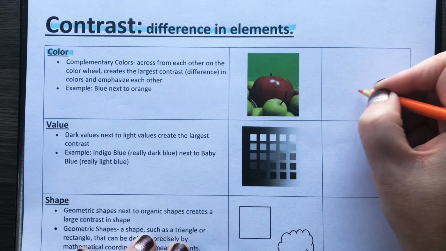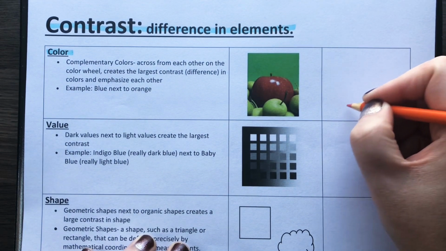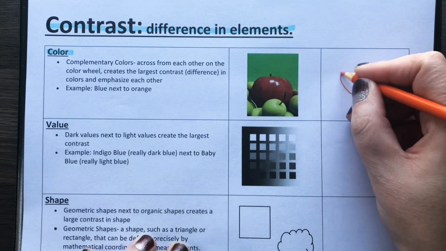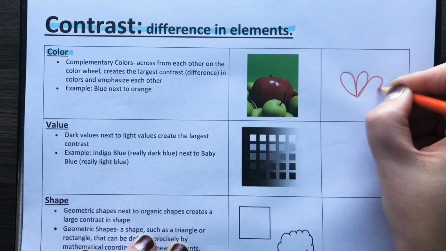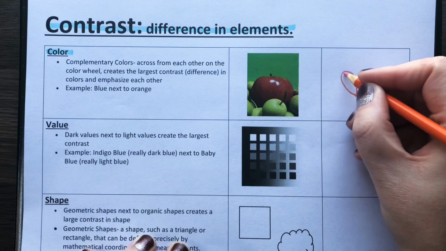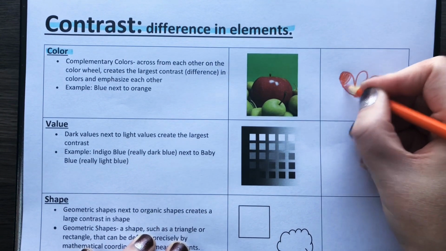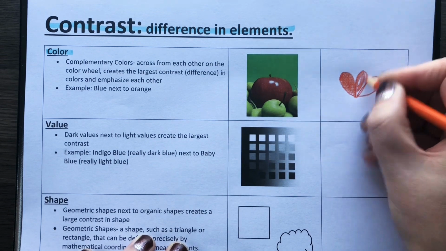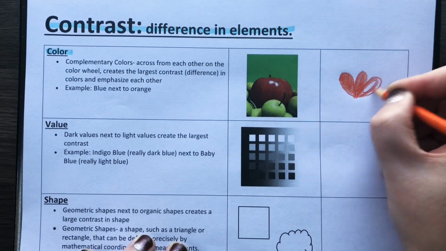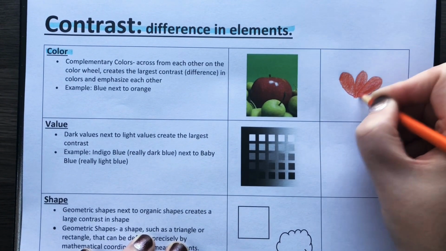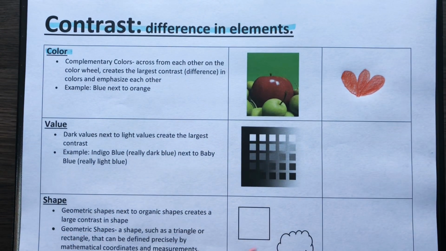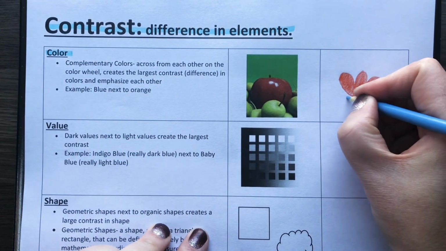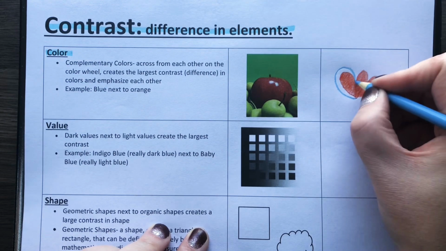So I think I'm going to do a pattern. I'm just going to do a little thing like this. I'm going to fill these in orange. And then I think I'm going to add some blue details because we've got to make sure we have that blue in there.